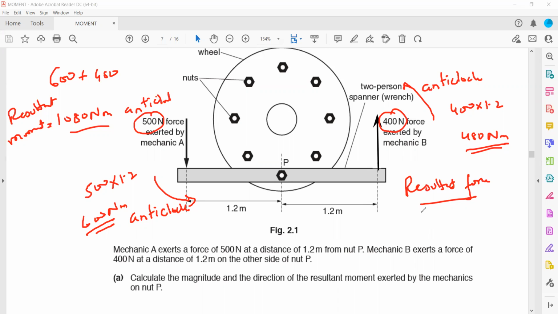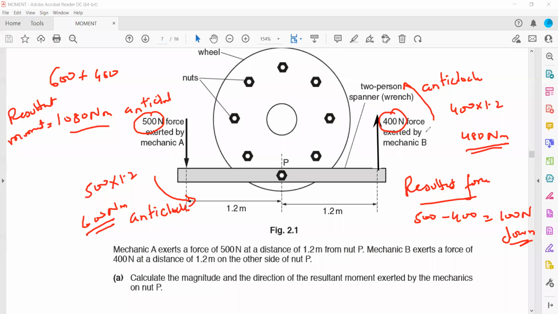So 500 is down, 400 is up, so their directions are opposite. So 500 minus 400, 100 Newton. And what is the direction of the resultant? That will be downward. So 100 Newton downward.